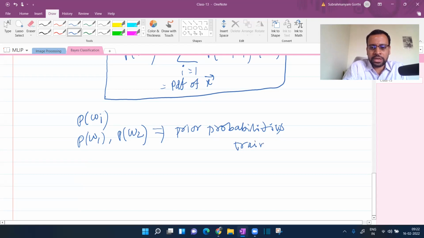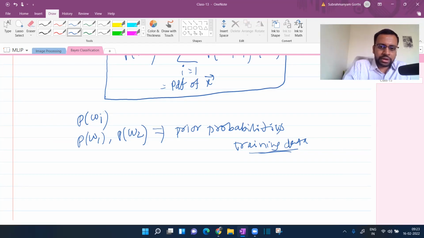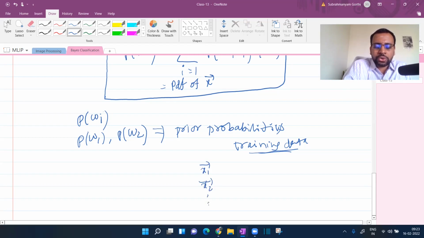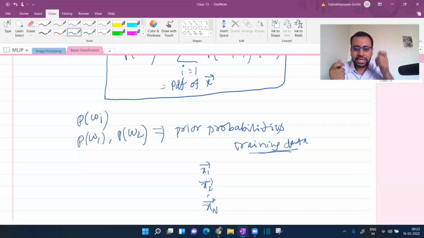What do you think it means, in terms of the variables or parameters that we have defined so far, when I say I have given you training data? A set of feature vectors and associated classes. Very good. Let's say x1 bar, x2 bar, and so on, up to xn bar if you have n samples in your training data set. Each is an L-dimensional feature vector, so each has L components.